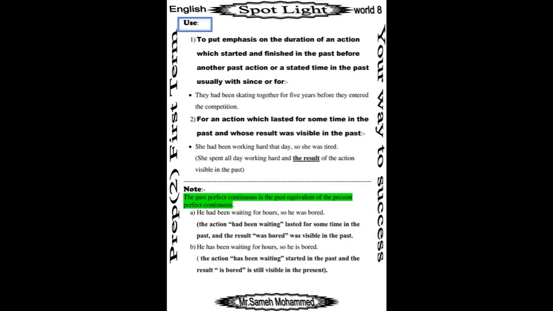The second example will show us the difference between past perfect continuous and present perfect continuous. Example B is in present perfect continuous. He has been waiting for hours, so he is bored.